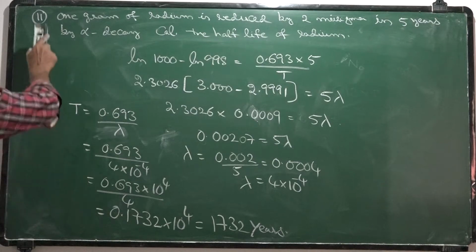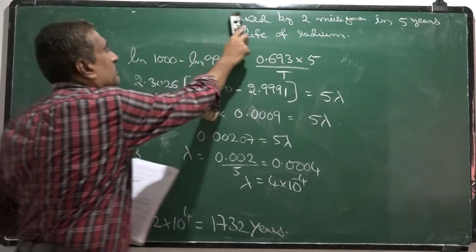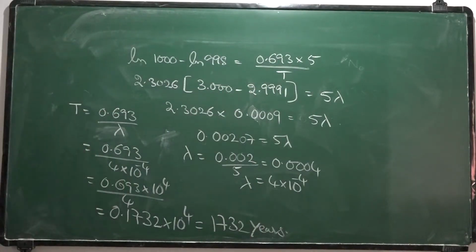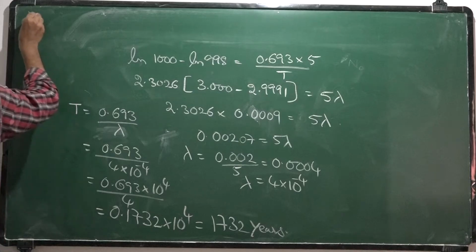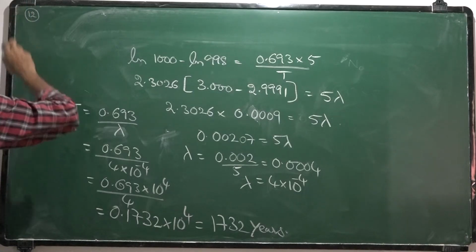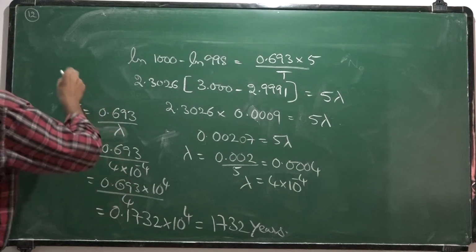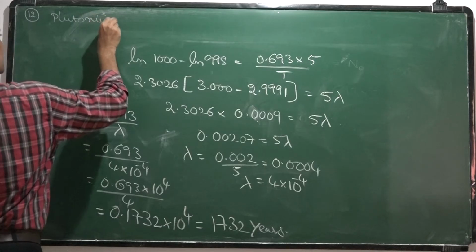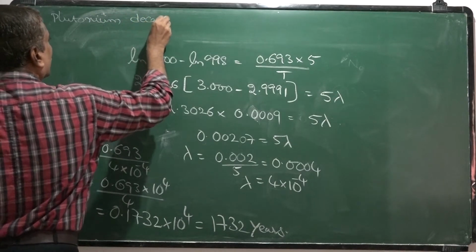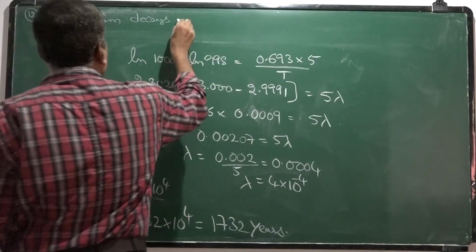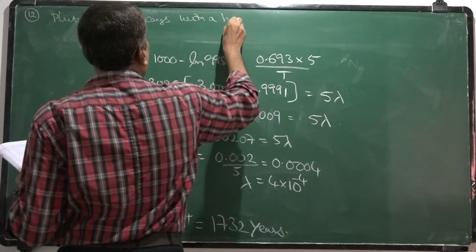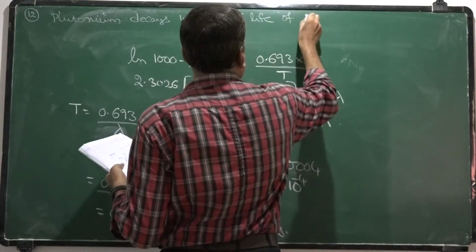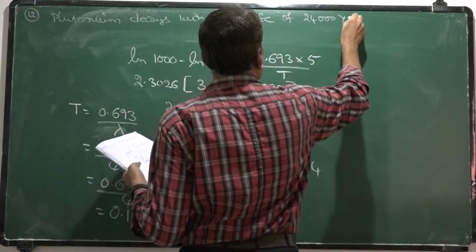Okay, now the 12th one. Plutonium decays with a half-life of 24,000 years.